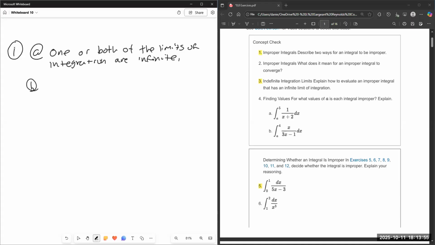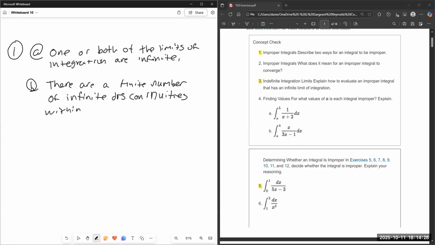Second type is there are a finite number of infinite discontinuities in the interval of integration.